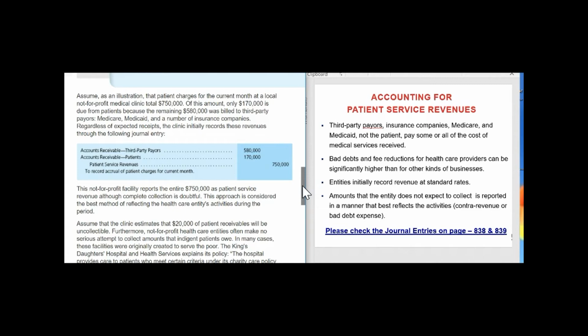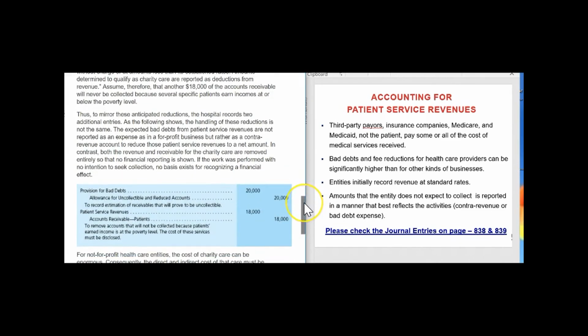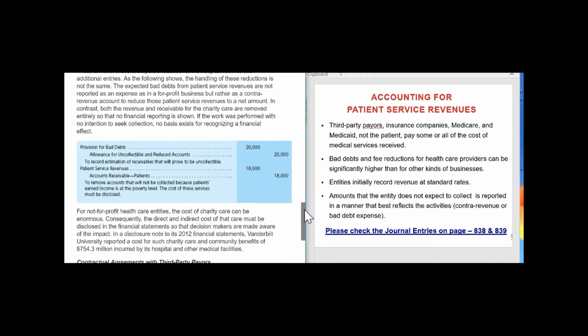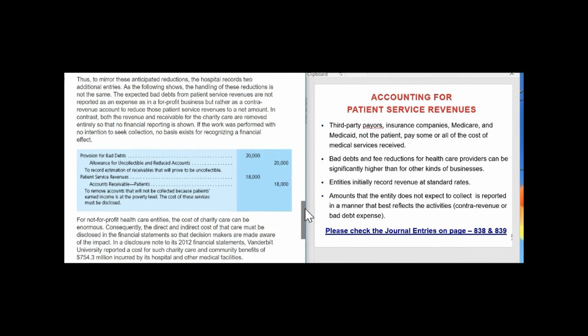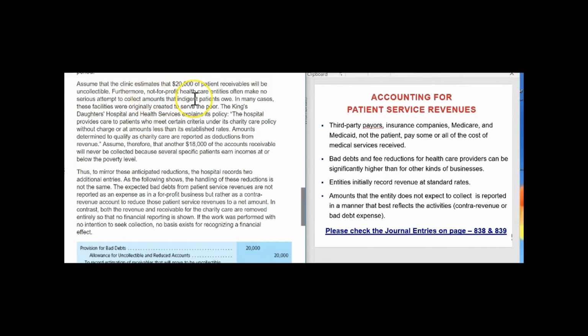So I'll show you another example, and that example is from page number 839. This example says that the clinic estimates that they will not be able to collect $20,000. So this is their estimation.